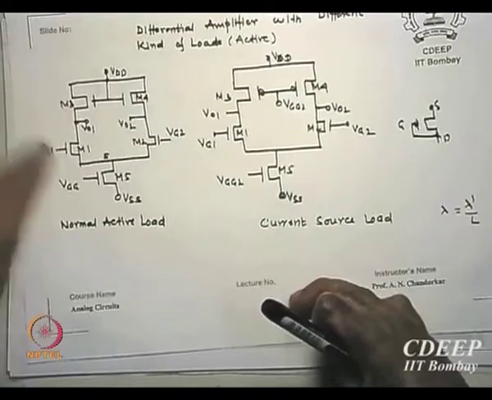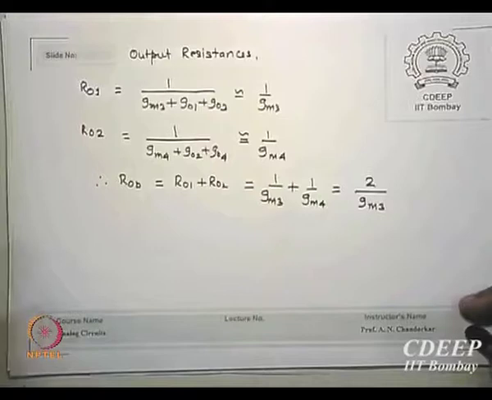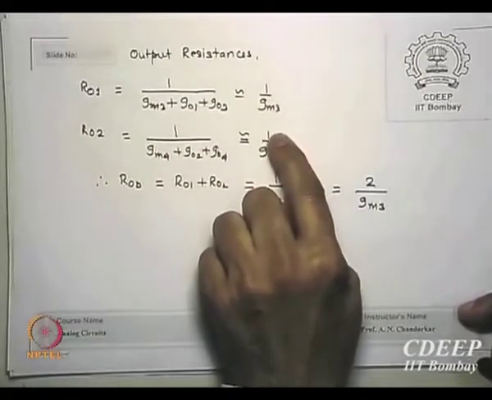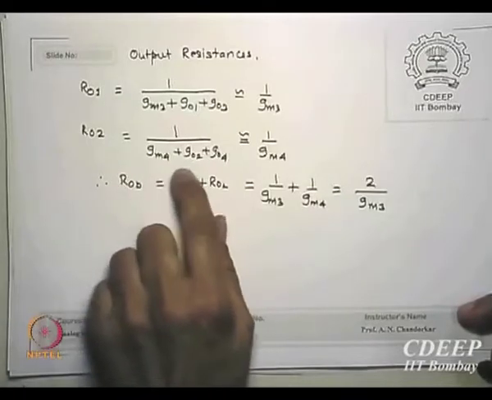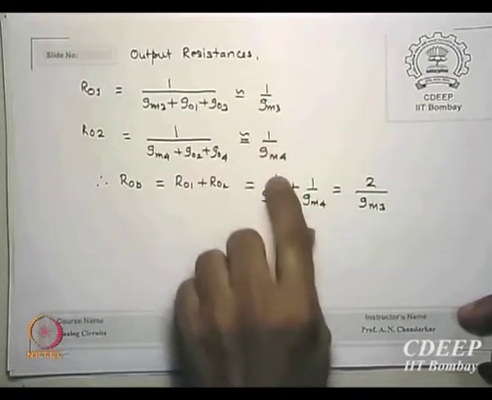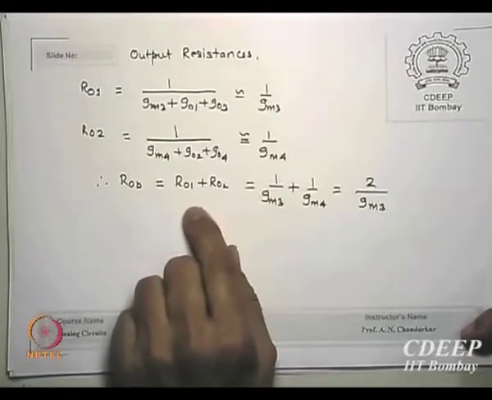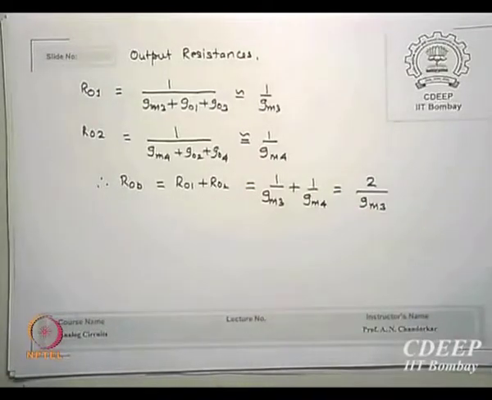Three conductances in series, GM3 plus GO1 plus GO3, which is roughly equal to 1 upon GM3. By the same argument, RO2 is 1 upon GM4, and ROD is essentially the sum of RO1 plus RO2, which is nothing but 2 by GM3 if 3 and 4 are identical.